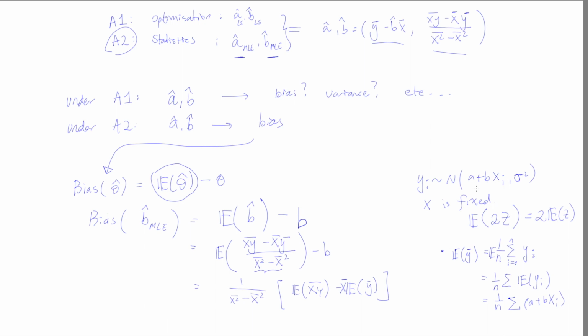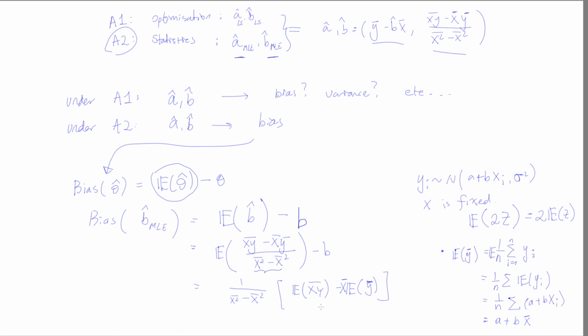That's the assumption here. With some quick calculations, the A comes outside, we have n of them, the B comes outside, and we take the sample average of the xi's. So this is just A plus B x bar.